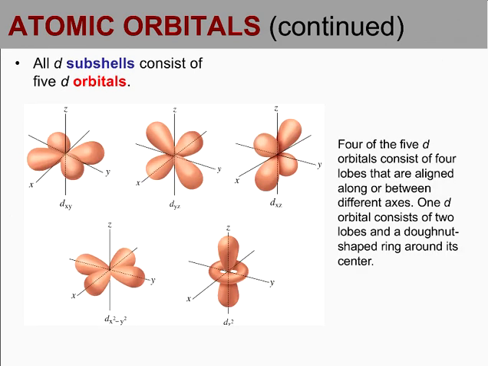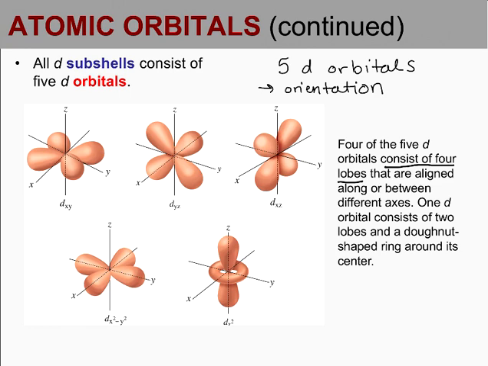Now, d orbitals are a little more complex. You'll notice we have 5 different d orbitals. And again, this just specifies the orientation. So 4 out of the 5 d orbitals consist of 4 lobes. So they kind of look like 4-leaf clovers. And those are aligned either along different axes or between different axes.